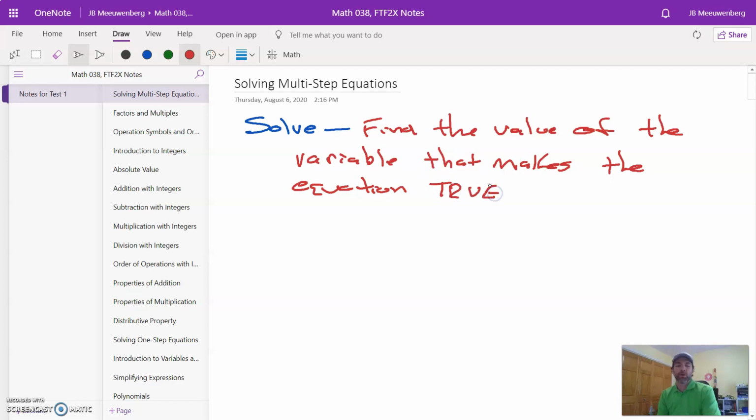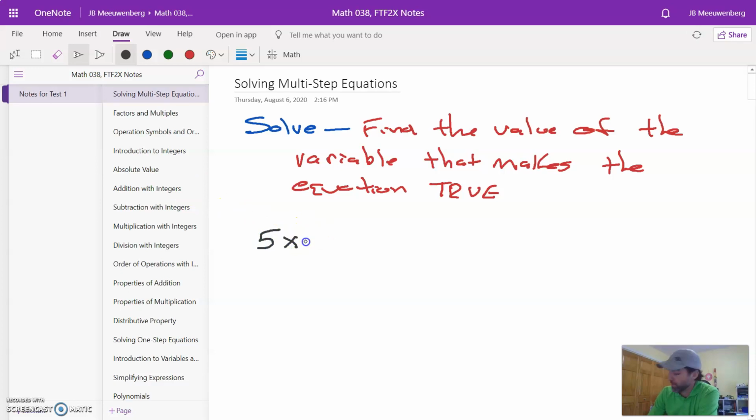Remember, we talked about how equations have variables, and variables can be any number. But we want to find the one number that would result in truth, that would result in the things on either side of the equal sign being the same.